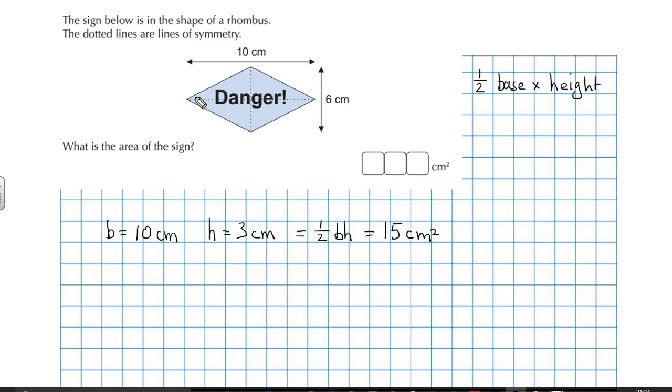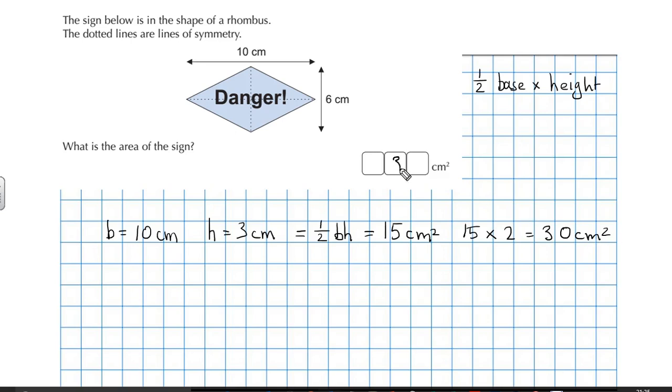So this triangle, that one there, is 15 centimeters squared. If that triangle is 15 centimeters squared, then the other half, this triangle, is also 15 centimeters squared. So the area of the rhombus is 15 times 2 equals 30 centimeters squared.